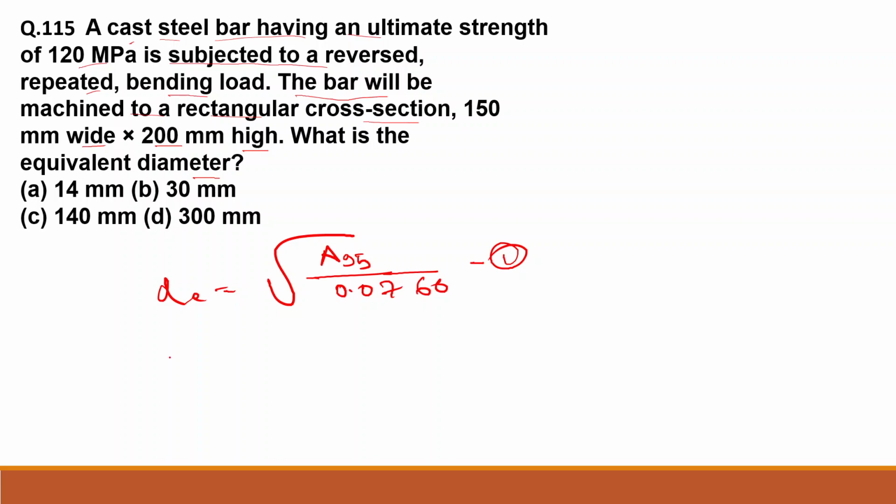For a rectangular cross section having width B and depth H, A95 is equal to 0.5 BH. I will consider it equation 2.